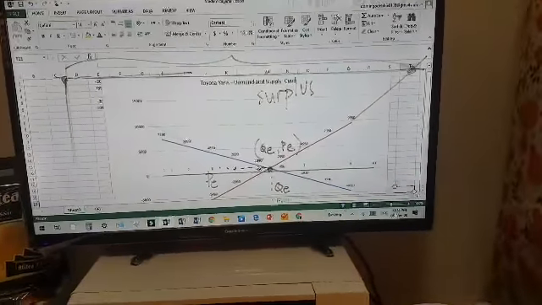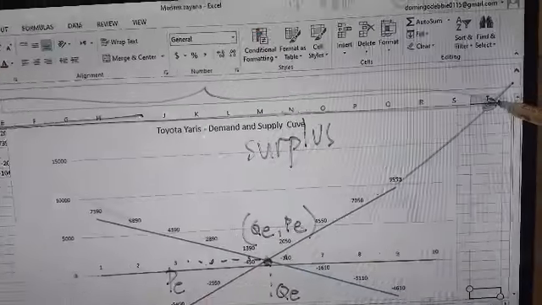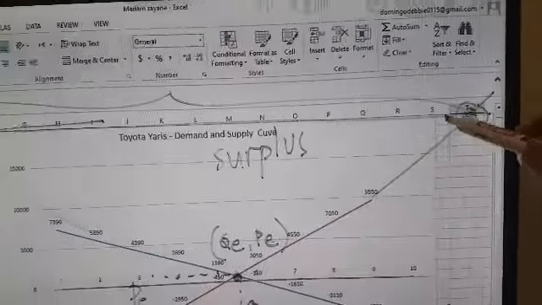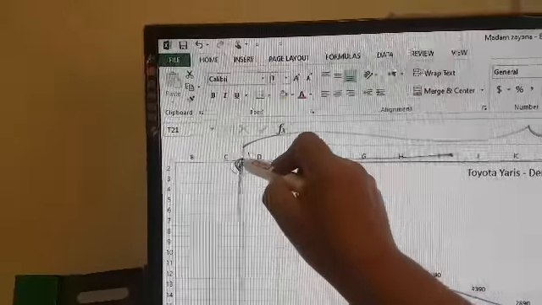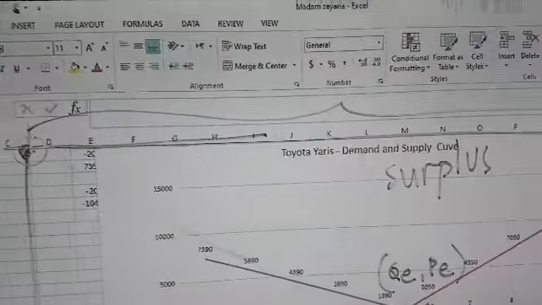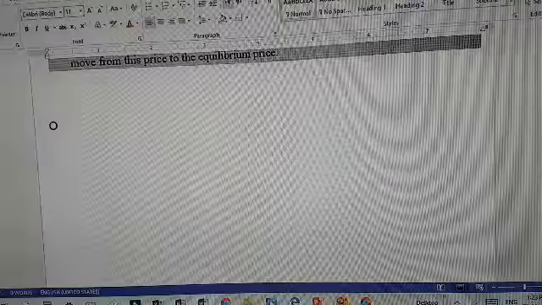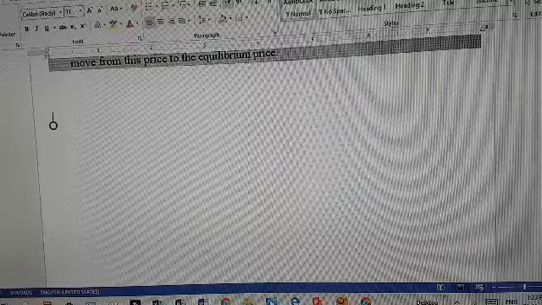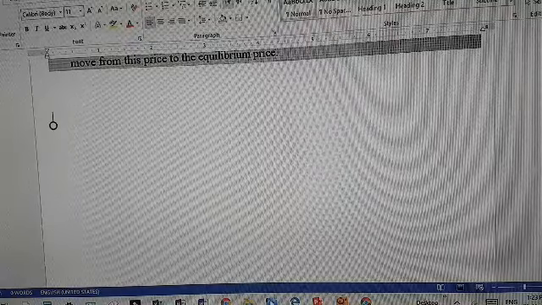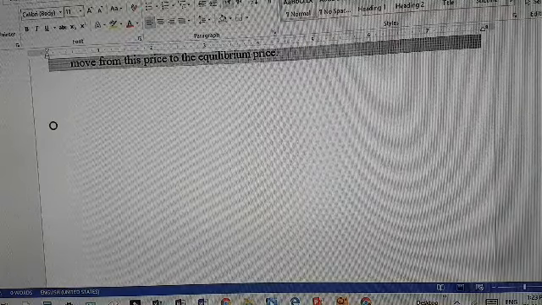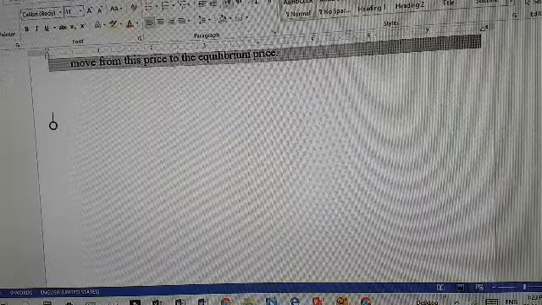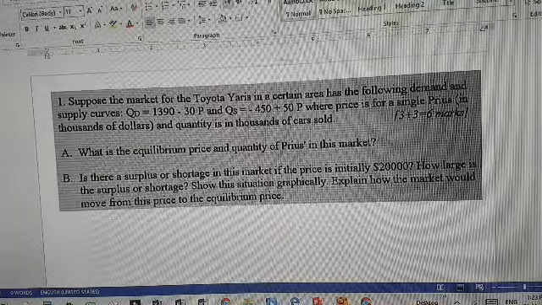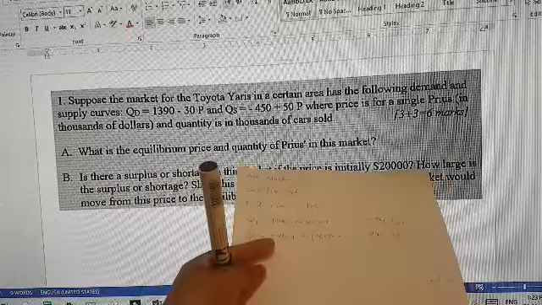But how much is the surplus? So we must get the demand here, or the supply here, and we must get the demand here, the intersection, and then we do a takeaway. Let's do it. Right. So the next thing we have to do is to get the value of the QD and QS based from the 20,000 initial price. Okay, this one. Right?